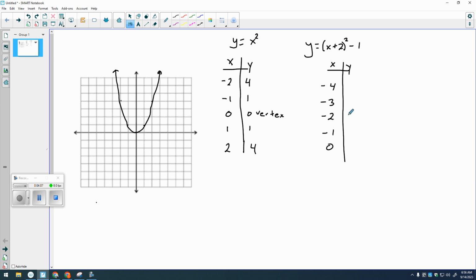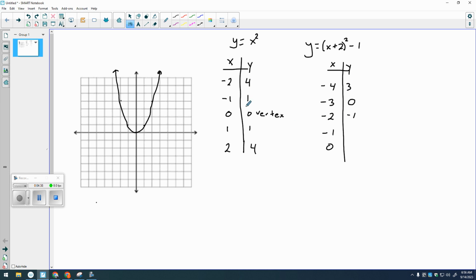Minus 1 is -1. Plug in -3. -3 plus 2 is -1. -1 squared is +1, right? -1 times -1. Minus 1 is 0. When x is -4, -4 plus 2 is -2. A -2 squared is 4, minus 1 is 3.